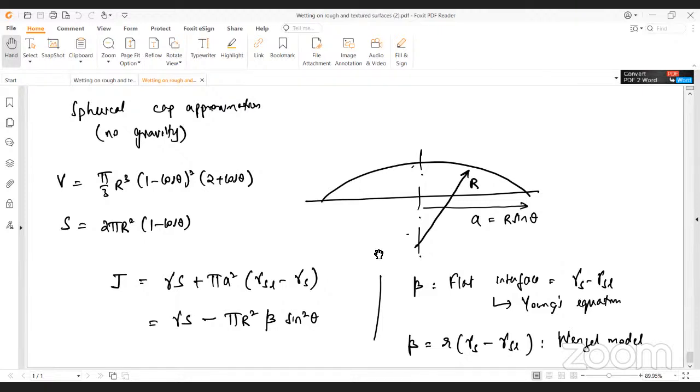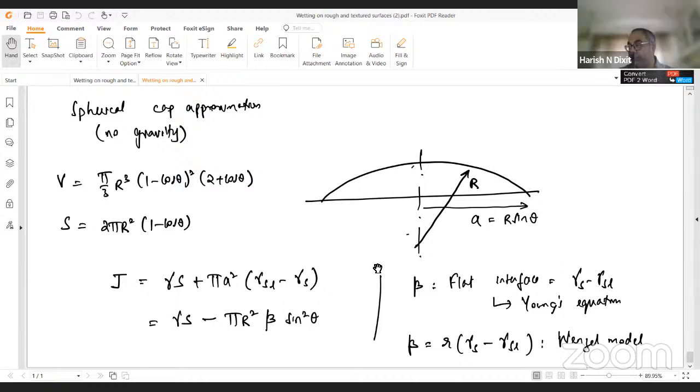Okay, so this is not an approximation. This is exact. There is no approximation in this particular result. Is that clear? Yes, sir.